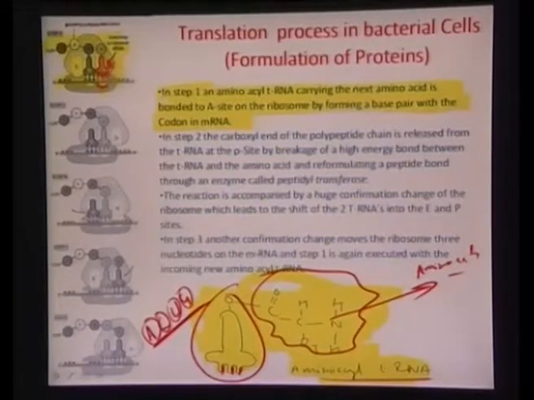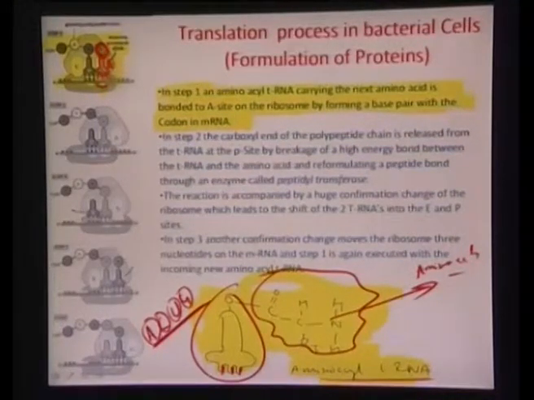There is a matching between complementary bases forming the basis of binding of the tRNA with the mRNA. So, on site A this binds first and then leaves an amino group here. As you can see in this illustration, the amino group is this circle here which has been left.